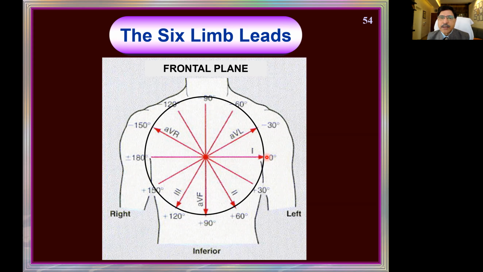Because the positive side is there, AVL positivity is here, and this is the horizontal lead, or L1. Then there is another lead which takes potential from the left arm itself, with the right arm and the other limbs being negative.